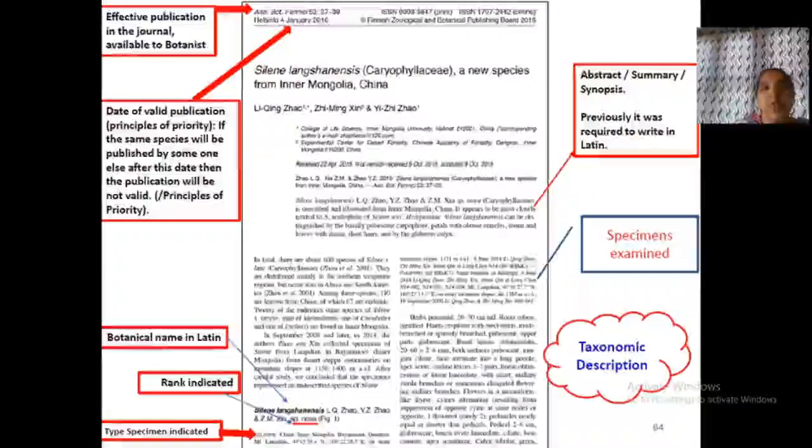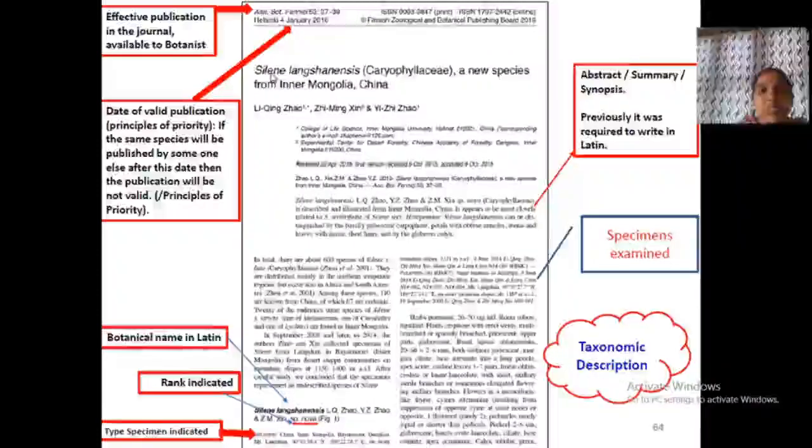Yeah. See, this is a publication. This is a paper published in an ISSN journal. This is the ISSN number, this is also an ISSN number, online and print, both are available for this journal, and this journal is from the Finnish Zoological and Botanical Publishing Board, 2016, Annales Botanici Fennici, the name of the journal is here, published date here, page number here, everything at the top.